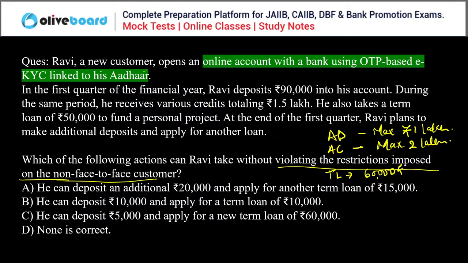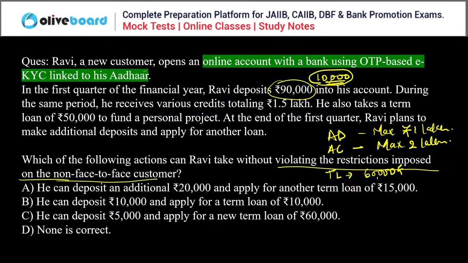In the first quarter, Ravi deposited 90,000 into the bank account. That means only 10,000 is left, because you cannot have a deposit of more than 1 lakh in your bank account if you are an eKYC-linked customer.